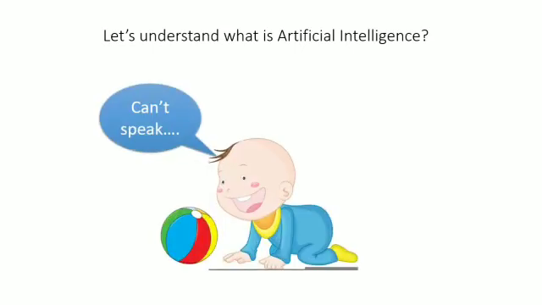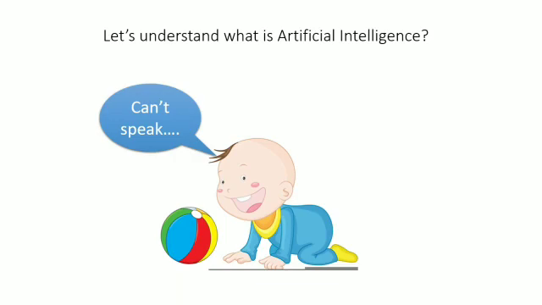Now let's understand what artificial intelligence is with a simple example. When we are kids, we see some toys and objects, but at that time we are so small that we can't identify them and can't speak the name of the object. Suppose the kid can see a ball, but cannot identify it as a ball and can't speak.